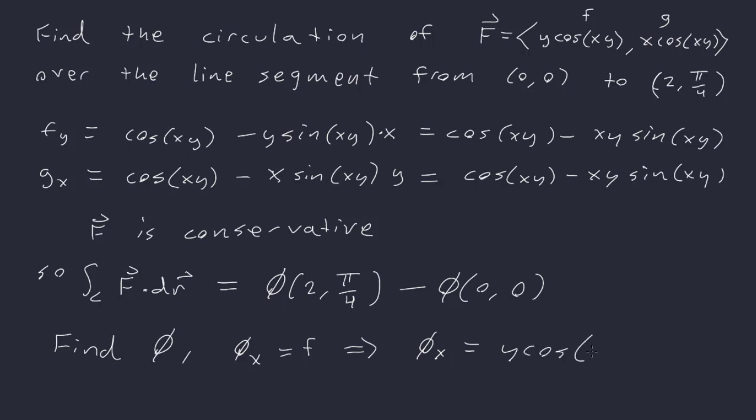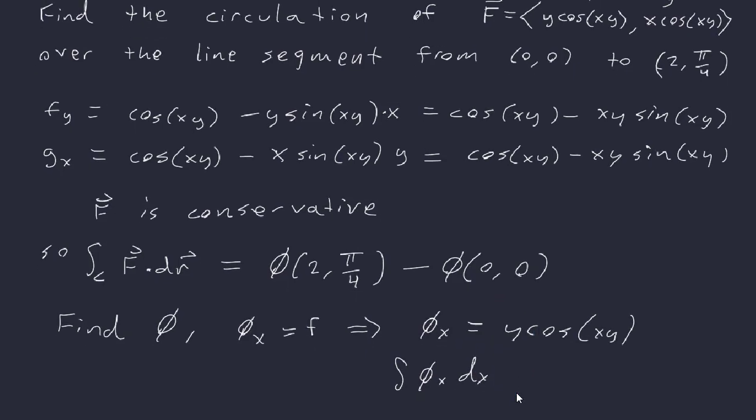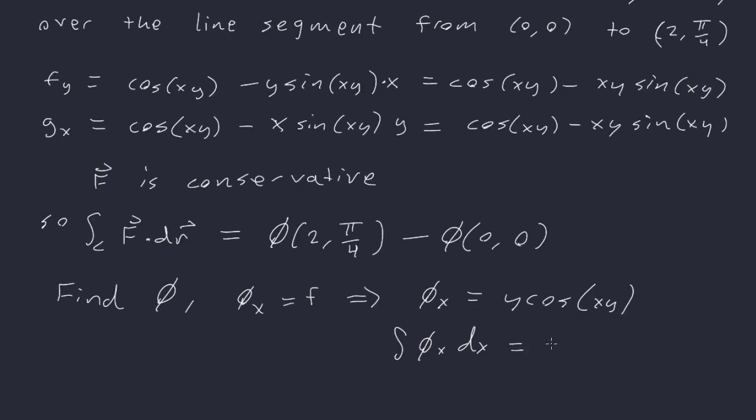Right, so phi sub x equals y cosine of xy, and now we will integrate with respect to x. So integrating this with respect to x, thankfully, that y is just a constant.